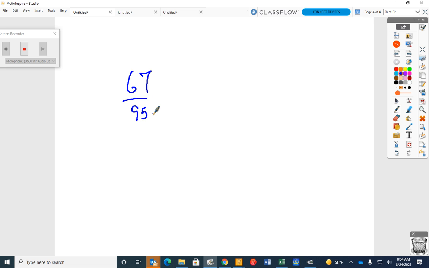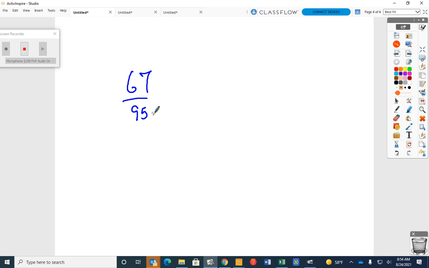How can I tell if this can be reduced or not? How many of you think this can be reduced? Maybe? Okay. Well, I know that 95 is divisible for sure by 5, right?